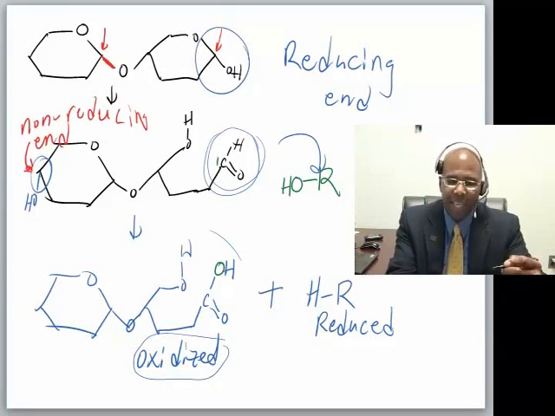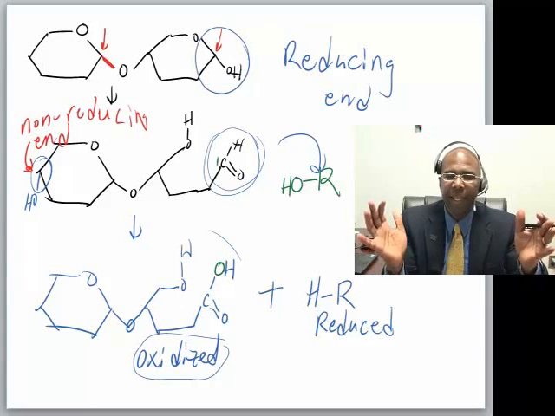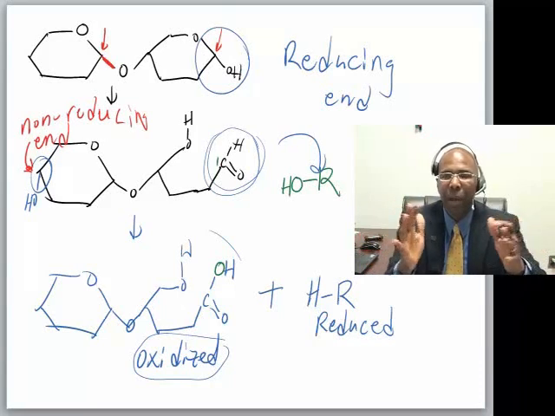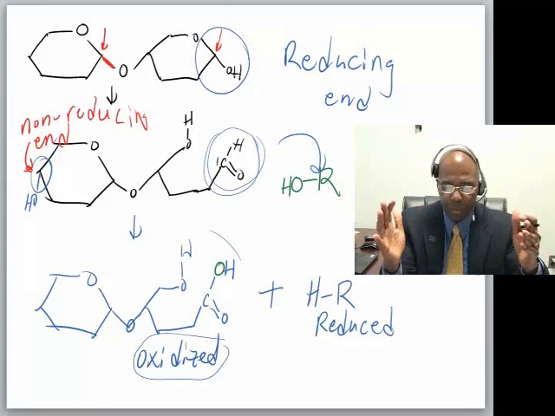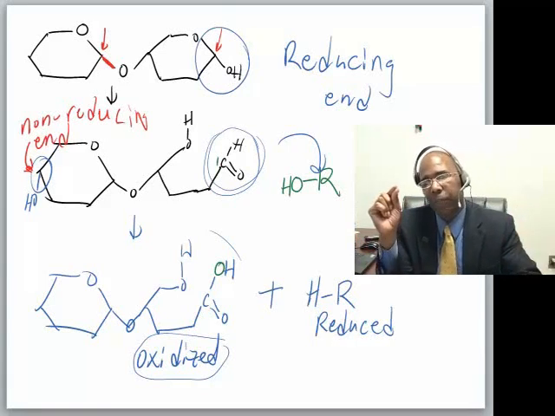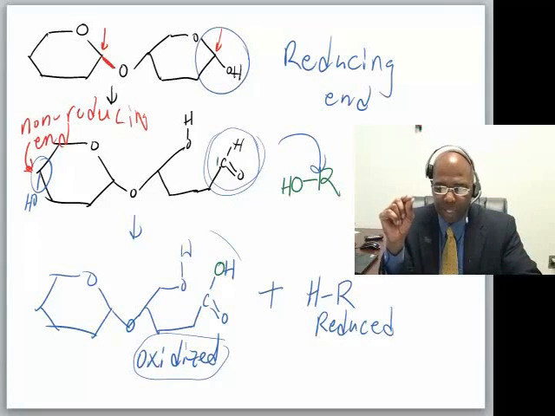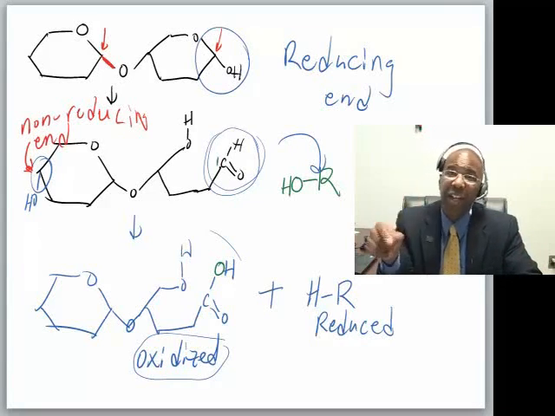That ring can't open up. And so whenever you have any polymer or oligomer of a sugar, the end that has the anomeric carbon on it is called the reducing end, and the other end is called the non-reducing end.